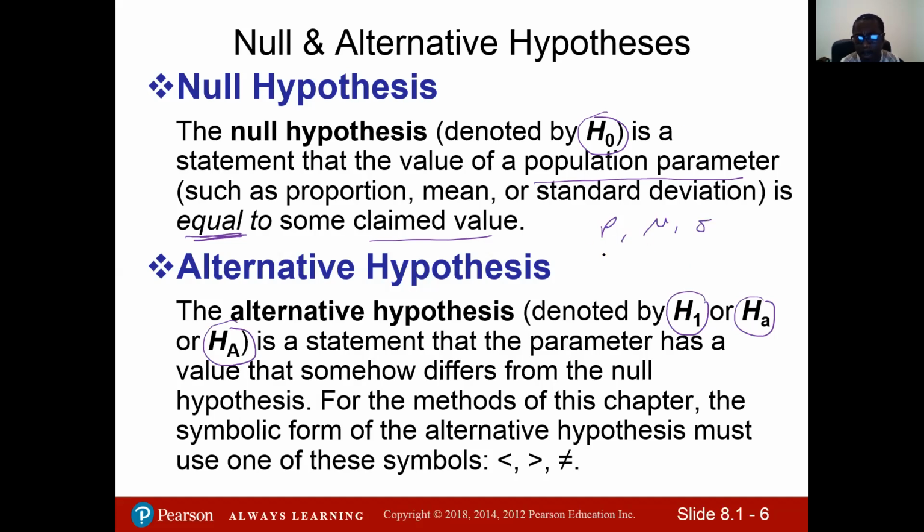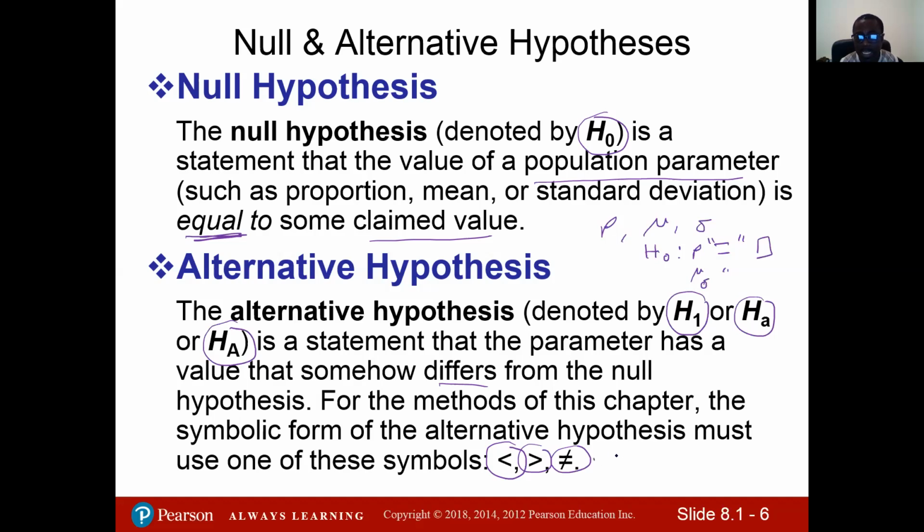The null hypothesis is always stated in this form: the parameter is equal to some value, whether it is P, mu, or sigma. Now the alternative hypothesis is a statement that the parameter has a value that somehow differs from the null hypothesis. And this could be less than, or greater than, or not equal to.